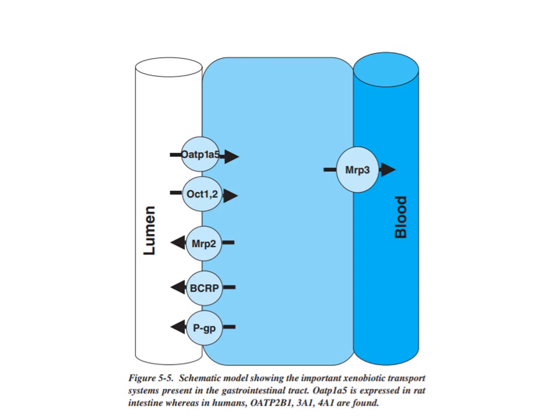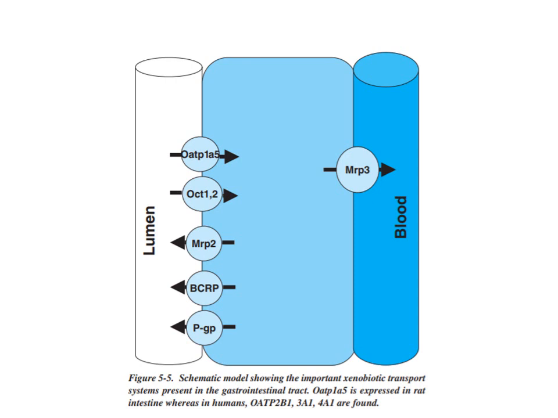Whatever is absorbed can then be absorbed into the blood by means of MRP3, another transporter. And there is a high chance that the drug or toxic substance absorbed through this transporter can be excreted back into the lumen by MRP2, BCRP and P-glycoprotein.